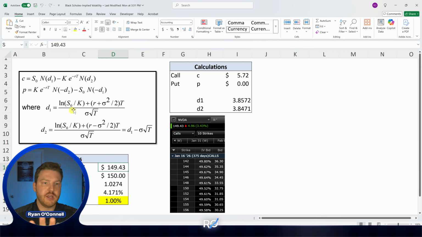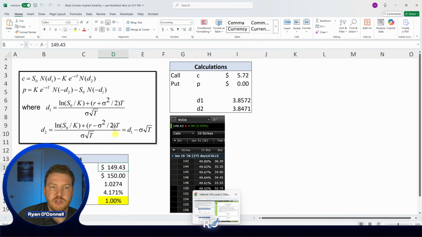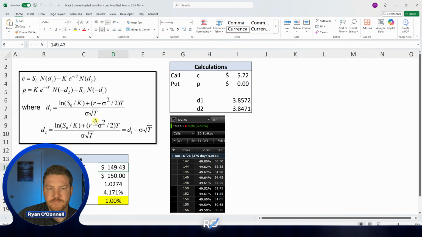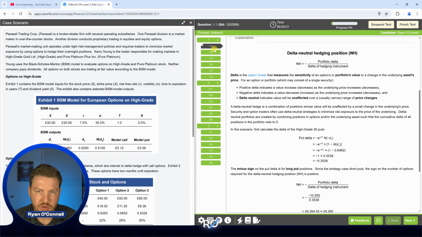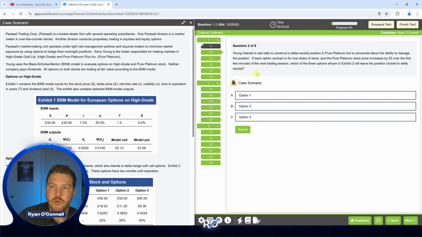There are formulas that we will follow. It's basically just some complex math, and if we move through the questions, we'll get to a point where we can answer yours.